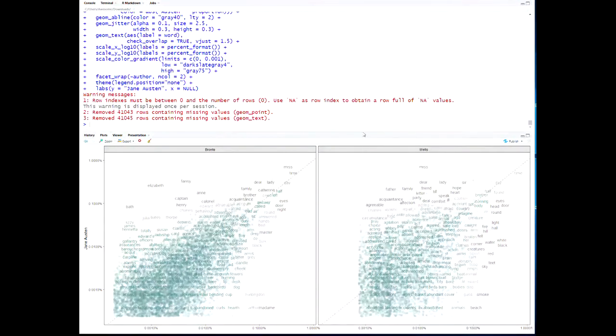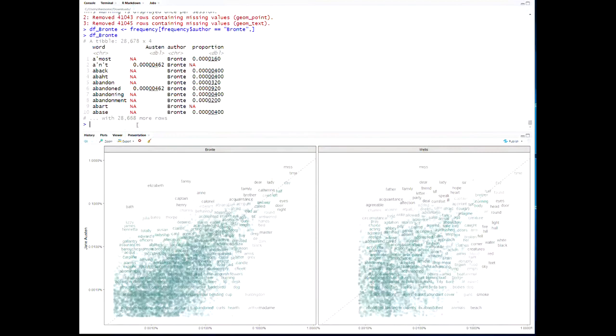However, I could get a better picture of exactly how much in common the two are because I've got two columns of numerical data. So I should be able to do some sort of correlation test, right? So if I look here, I took frequency with the author where it's equal to Bronte.